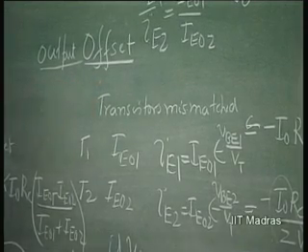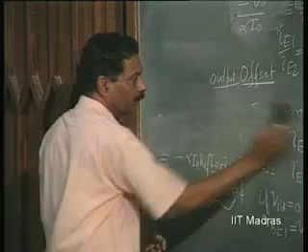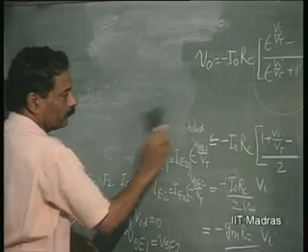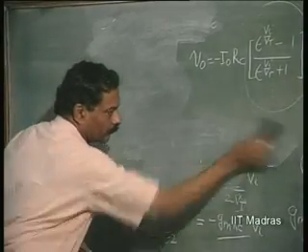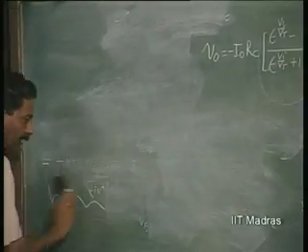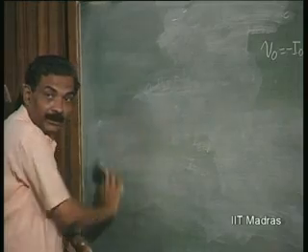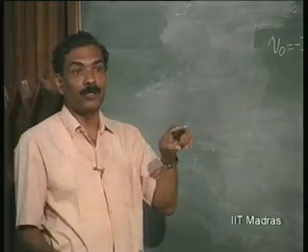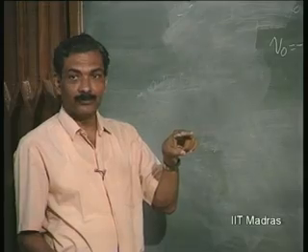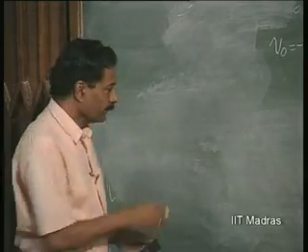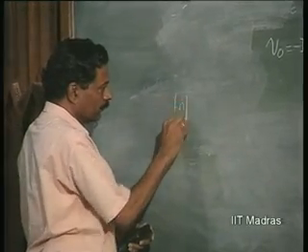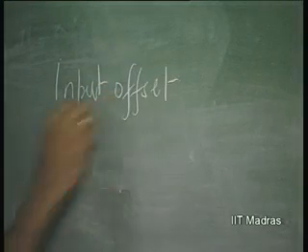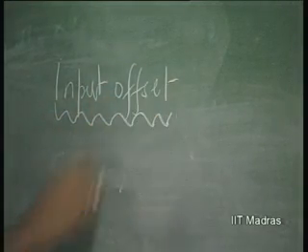Input offset we will now talk about. Input offset is that voltage that has to be applied to the input in order to make the output go to 0. These are all important parameters associated with the differential amplifier.